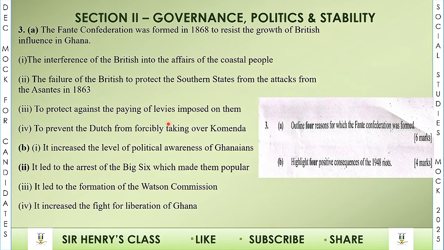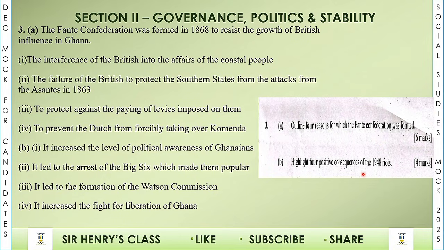In order for them to oppose it, not to pay, that was why they also formed this confederation, to prevent the Dutch from forcibly taking over Komenda. Komenda was one of the important towns that was producing salt, and the British had interest in it. They wanted to prevent them from getting interest and also capturing the place.